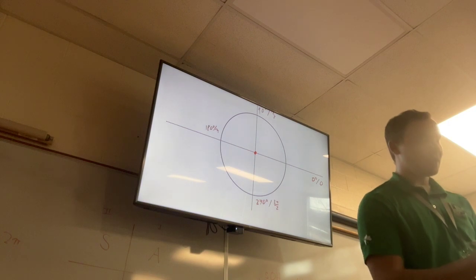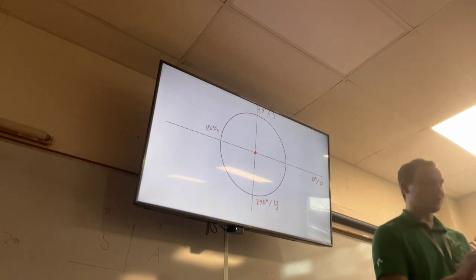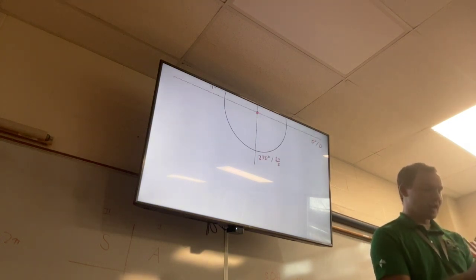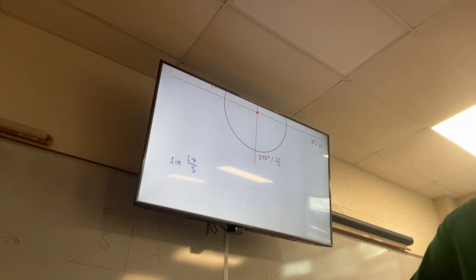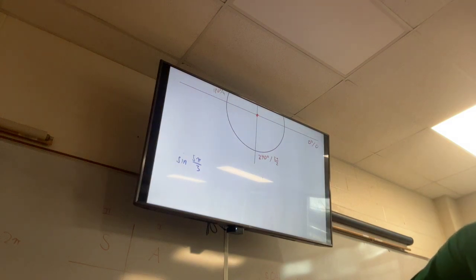So what you've got to do here, if I told you to find the sine of 5 pi over 3. Sine of 5 pi over 3. The first step here is you're going to need to draw a ray for a 5 pi over 3 bearing.